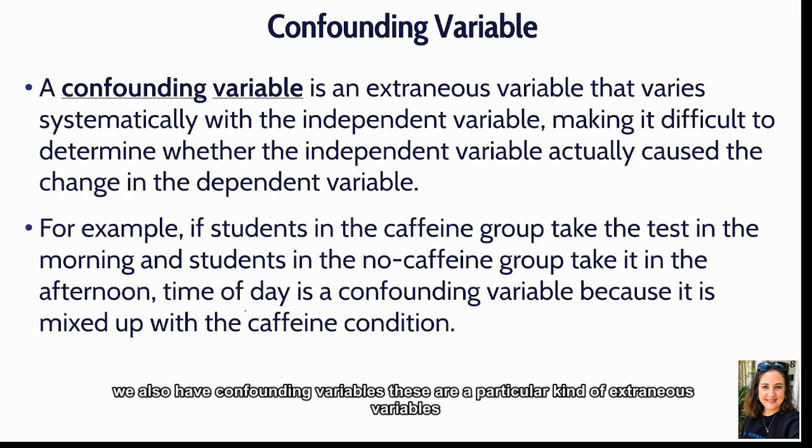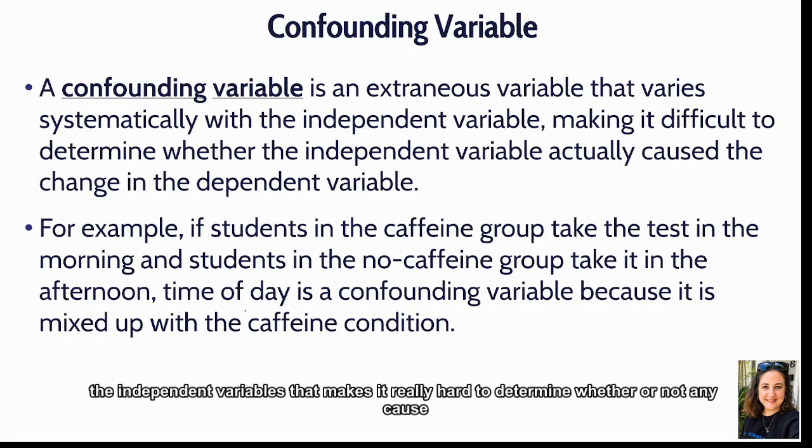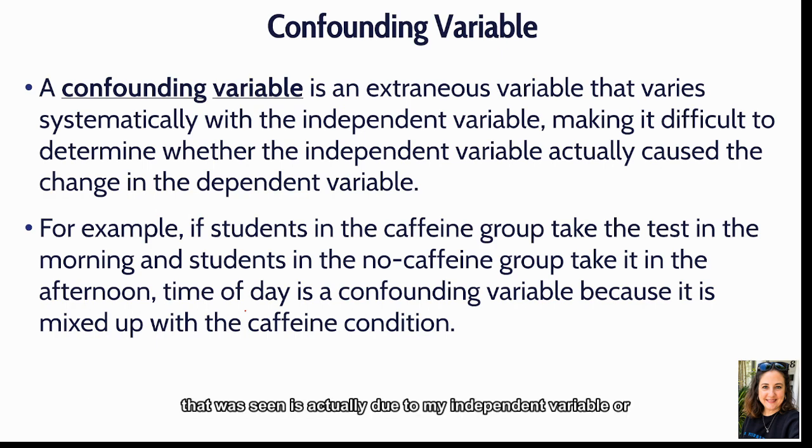We also have confounding variables. These are a particular kind of extraneous variables that vary systematically or along with the independent variable. So it makes it really hard to determine whether or not any cause that was seen is actually due to my independent variable or if it's because of something else.